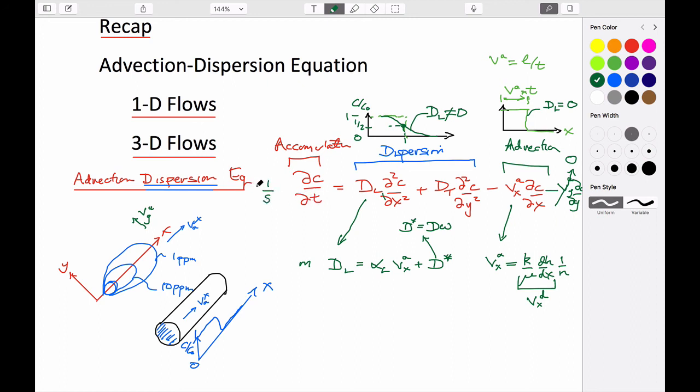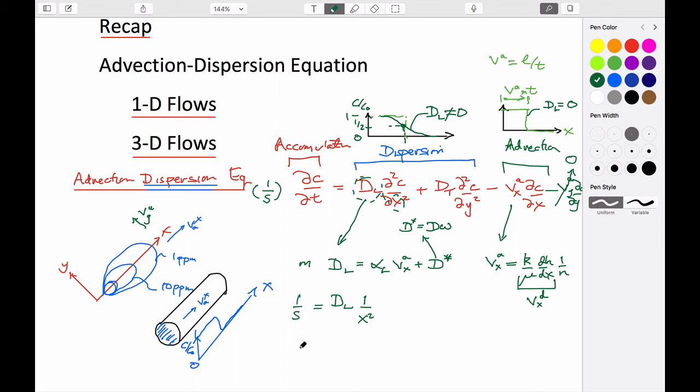Just 1 over time. So the units of this have to be 1 over seconds. That means that the units of the longitudinal dispersion coefficient multiplied by 1 over x squared, we've taken this out, have to also be equal to 1 over seconds.